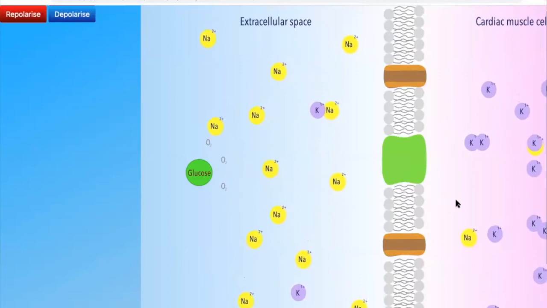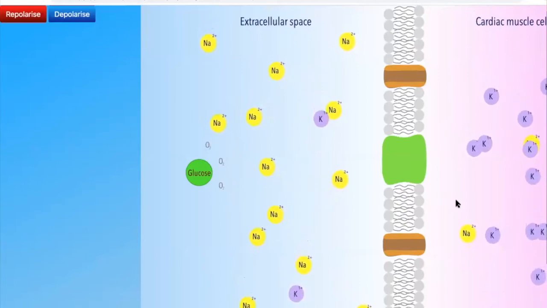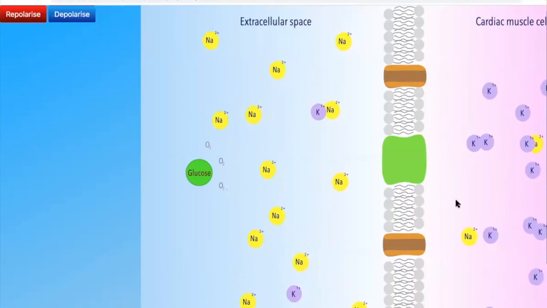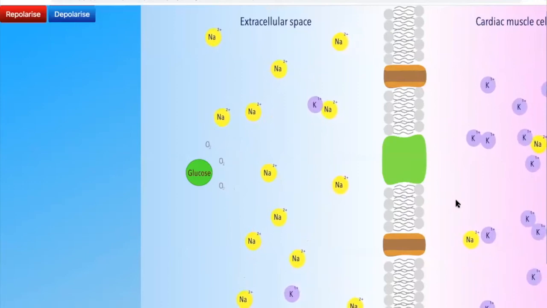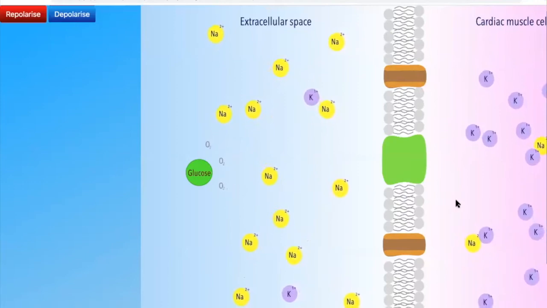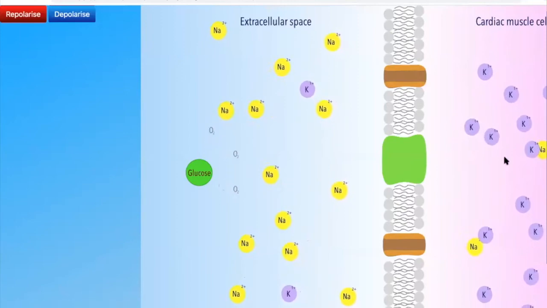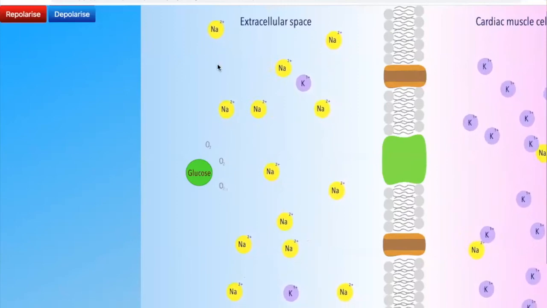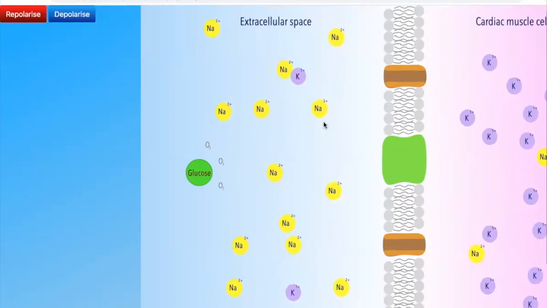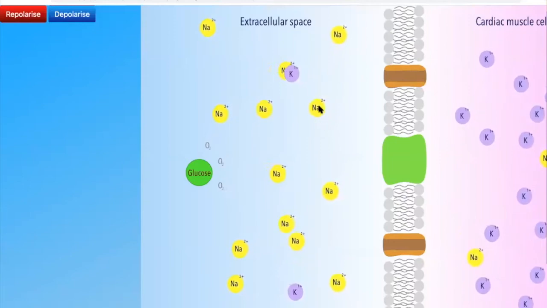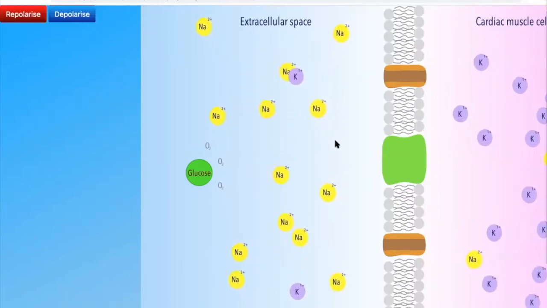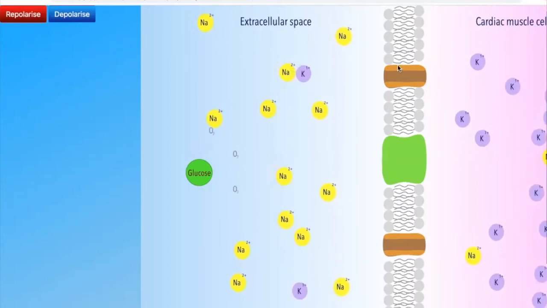Okay. Normally, any muscle or nerve, or similarly the cardiac muscle cells, are polarized, meaning that there is more potassium on the inside and more sodium on the outside. Because of the difference in concentration of potassium and sodium, there is a charge on the cell membrane.